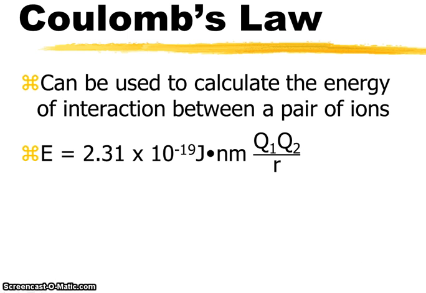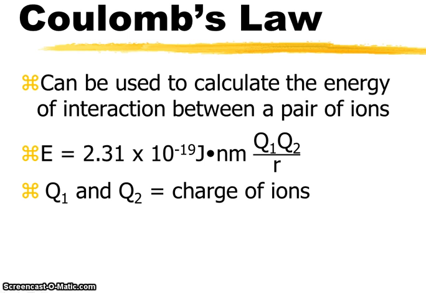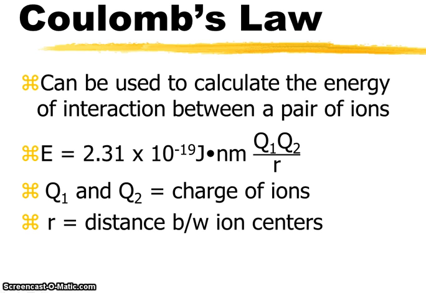To calculate the energy associated with the attraction of a pair of ions, our equation would be E equals 2.31 times 10 to the minus 19 joule nanometers times Q1 times Q2 over R, where Q1 and Q2 are the charges on the ions, and R is the distance between the ion centers.